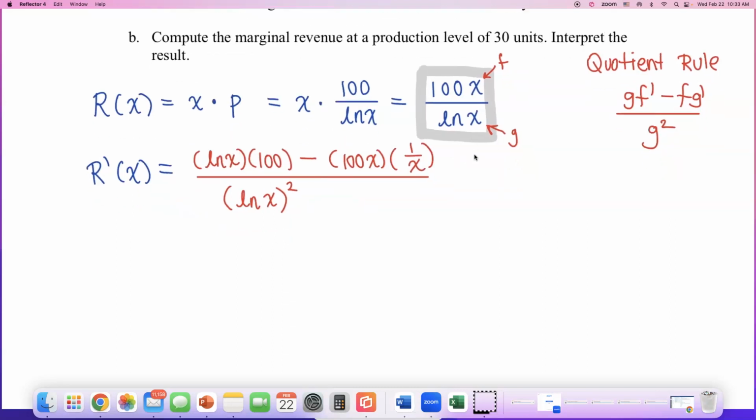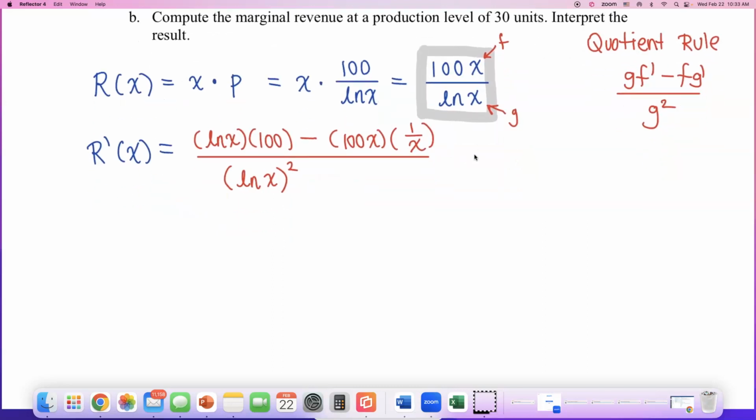All right, let's simplify this marginal revenue function. So R prime of x is natural log of x squared in the denominator. And on the numerator, I guess we can factor out that 100, right? So let me bring out this 100 to the front. Now look, if I factor out that 100, those hundreds are gone.